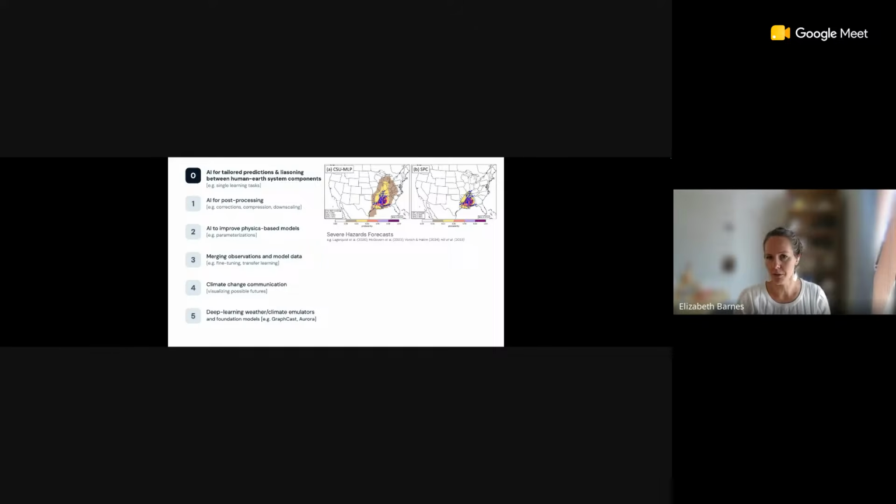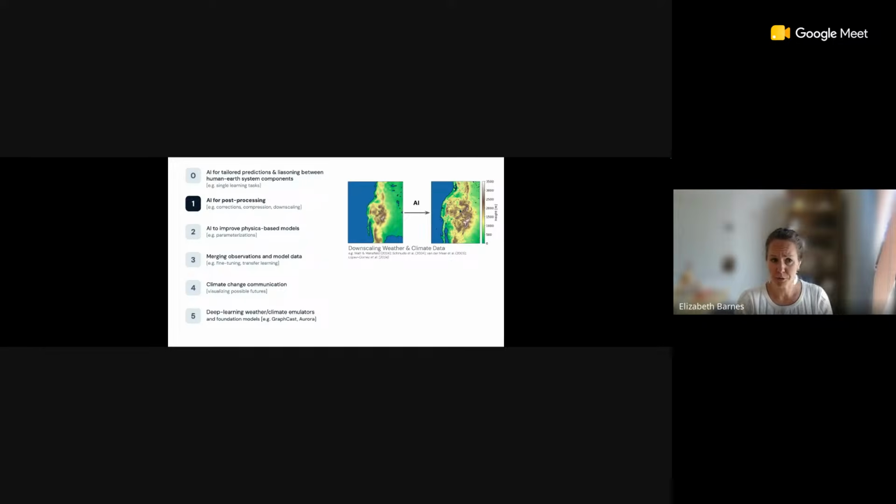You can think of numerical weather prediction. In this case, this is thinking about severe hazard forecasts that are becoming operational. Another is post-processing, with tons of work now going into downscaling, something that has been really hard for us to do pre-AI, and now AI is potentially going to really open this door for impact studies.